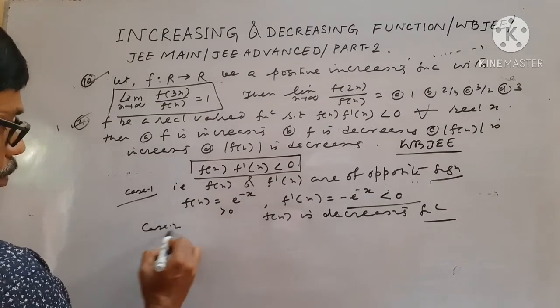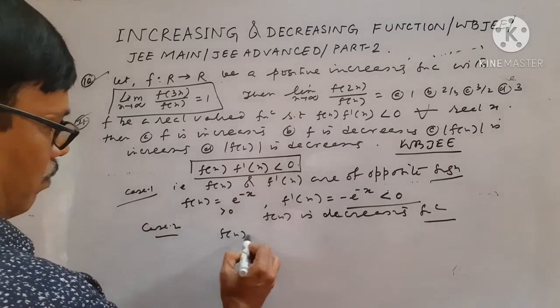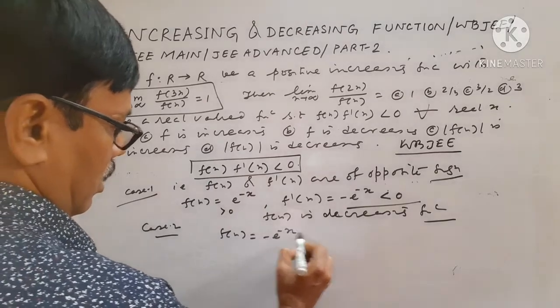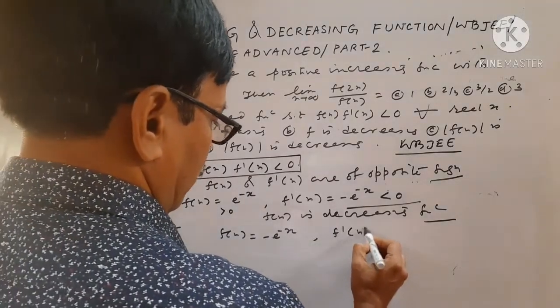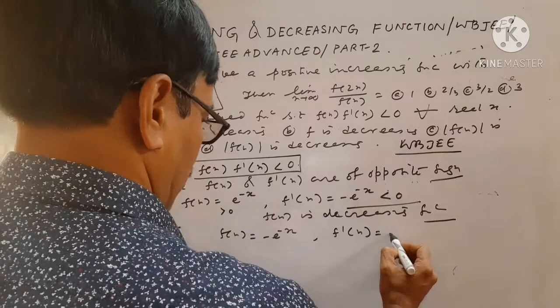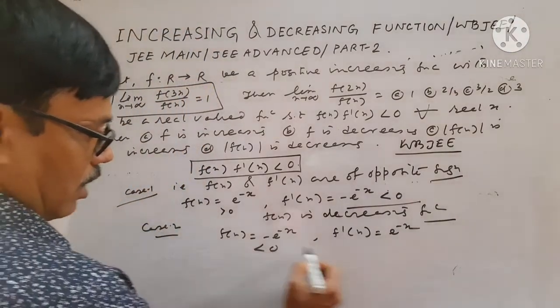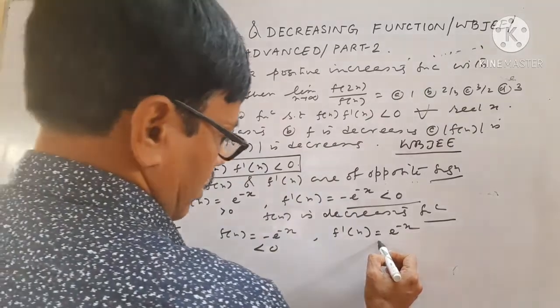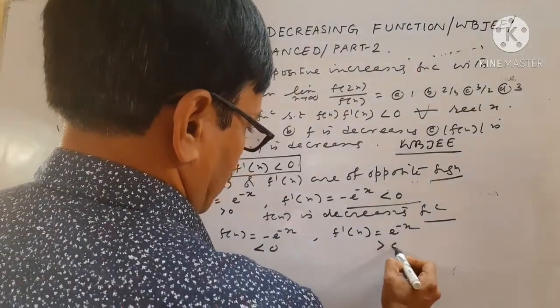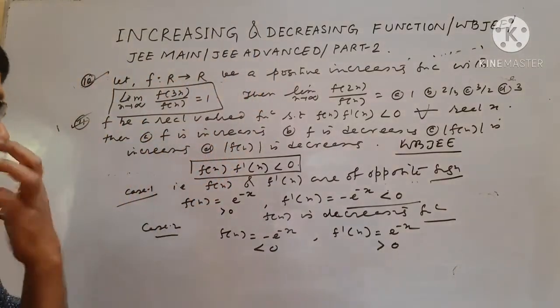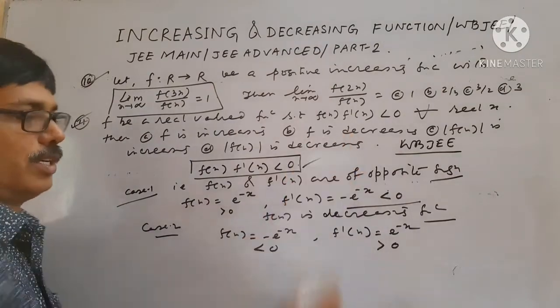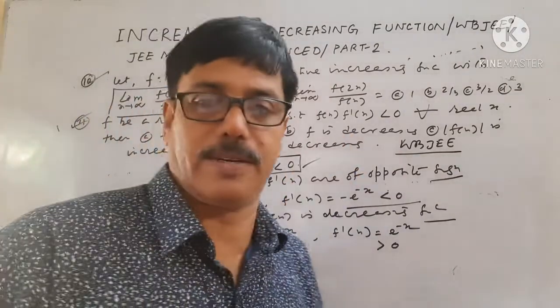Case 2, so suppose fx equals to minus this. So what is f dash x? So it is e to the power minus x. So this is negative, this is positive. So here also this condition is satisfied.